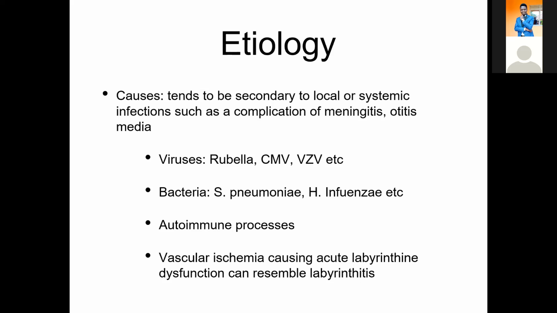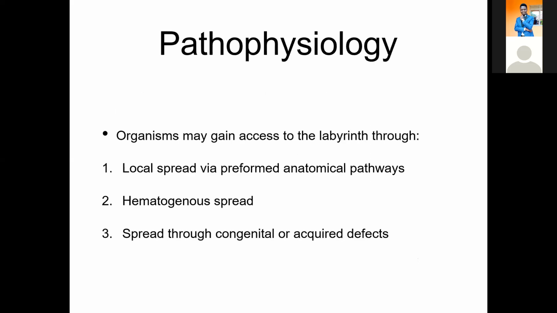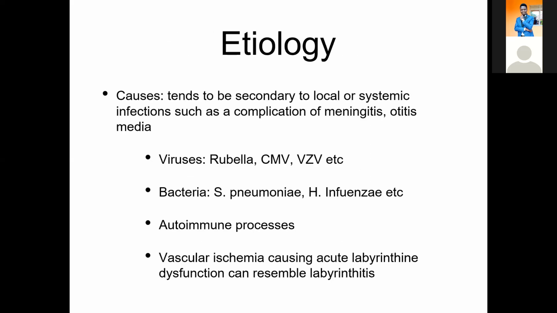So a patient who has maybe high cholesterol, diabetes, or high blood pressure, or something that can predispose to stroke, can also have a stroke of the labyrinthine artery, which can cause this acute labyrinthine dysfunction.